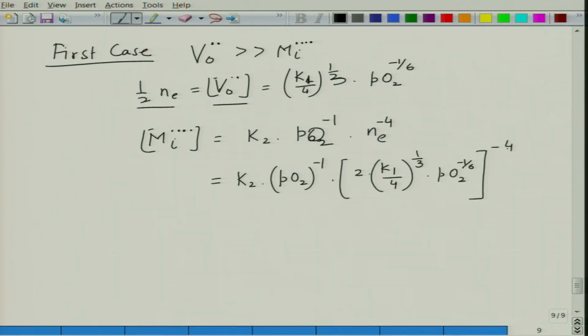Okay. So, then we work out these expressions and we will see this is K2 P to the power minus 1, you can just modify this as, so this 2 can go, 2 will be 8 to the power 1 by 3.